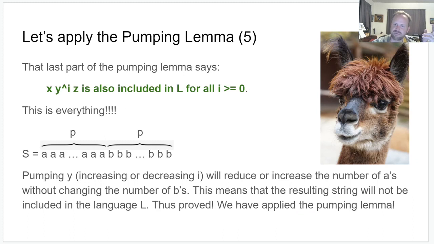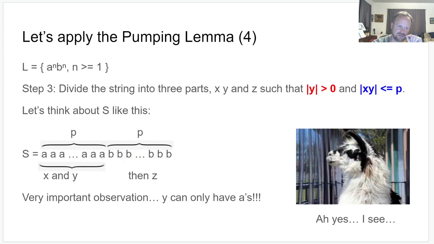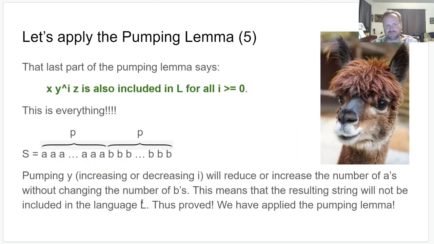The last part of the pumping lemma. All the way back here we had 3 parts: what Y could be, what X and Y can be, and then what's called the pumping lemma, that number 3. It says X, Y to the i, Z is also included in L. So let's apply this last part. The last part says X, Y to the i, Z is also included in L for all i greater than or equal to 0. That means we're going to take our little divisions, what we made X into, what we made Y into, and what we made Z into.